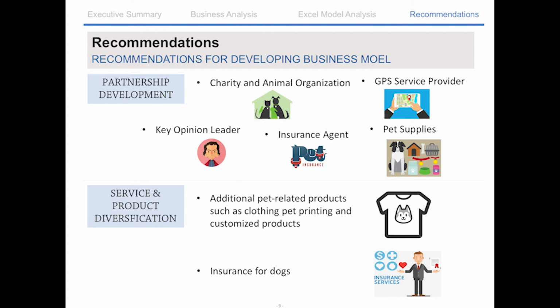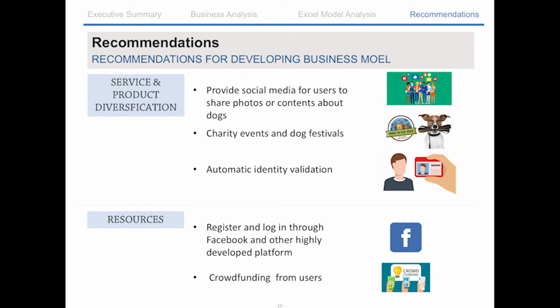As for service and product diversification, 5 concrete ideas are suggested here. At first, additional pet-related products such as clothing with pet prints or other customized products are provided, which can be quite interesting for users to experience. Another function provided is insurance in order to guarantee dogs' health. Additionally, there is a social media section on Dogpool's application for users to share photos or content about dogs, where they're likely to find friends and have much more fun.